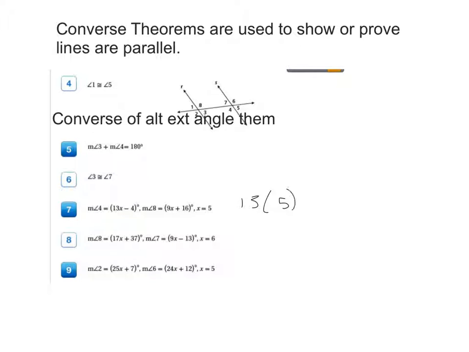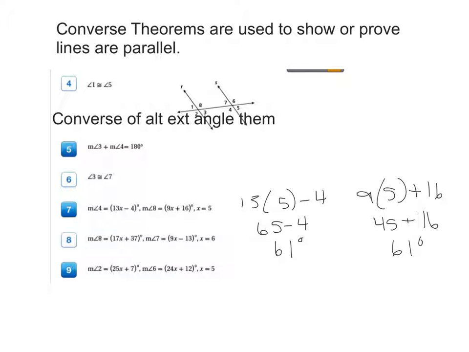13 times 5 minus 4. 13 times 5 is 65, minus 4 is 61 degrees. Do the same thing to find the measure of angle 8. We have 9 times 5 plus 16. 45 plus 16, 61 degrees.